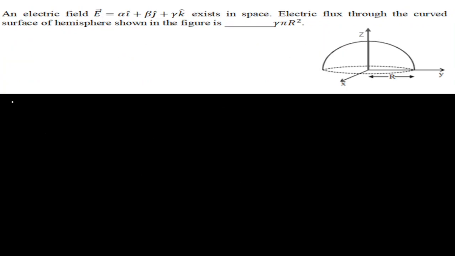Now take a look at the second example. Here it is written that an electric field E equals alpha i cap, beta j cap, gamma k cap exists in a space. The electric flux through the curved surface of the hemisphere shown in the figure is. Again we have a hemispherical closed surface and a uniform electric field: alpha, beta, gamma are constants, not functions of x, y, z.